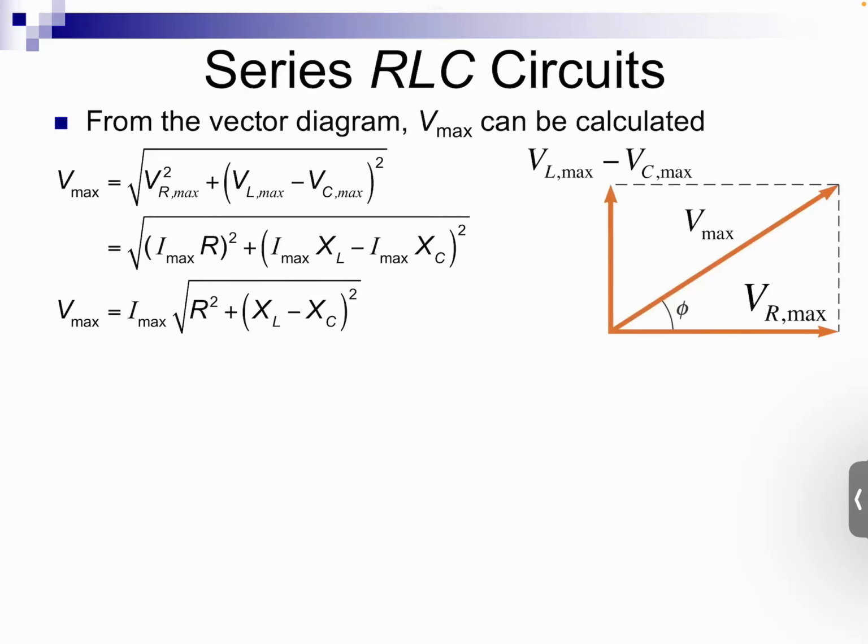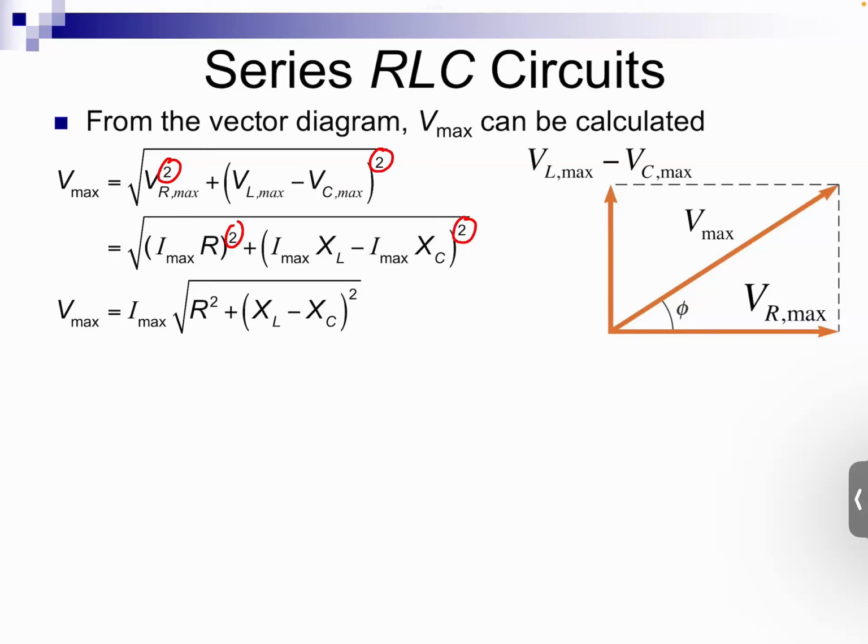Okay. Expanding definitions for voltages using Ohm's law: VR is equal to IR. Don't forget there's a square still there. VL is equal to IXL and VC is equal to IXC. Again, there's a square there.